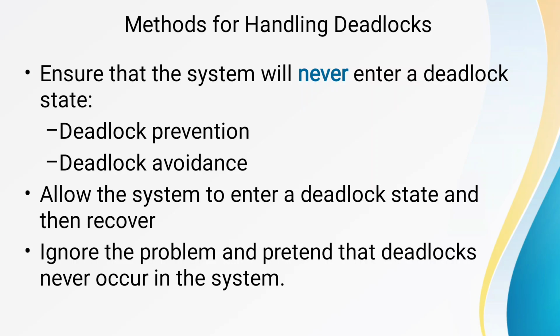The methods for handling deadlocks are: ensure that the system will never enter a deadlock state, through deadlock prevention and deadlock avoidance; allow the system to enter a deadlock state and then recover; or ignore the problem and pretend that deadlocks never occur in the system.